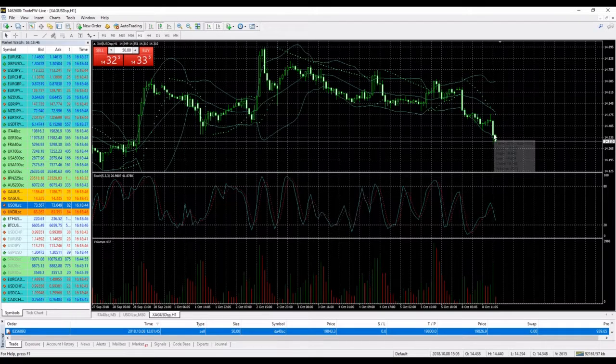Especially today, we had very strong moves, and right now it's also dropping strongly, but we have to be careful at around 14.265, which is a strong support level.